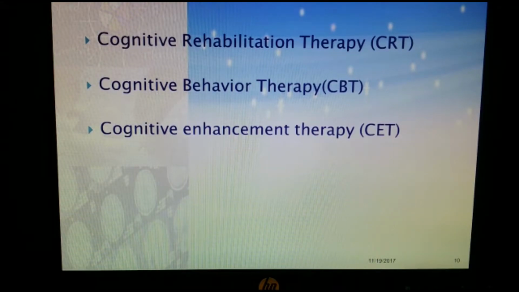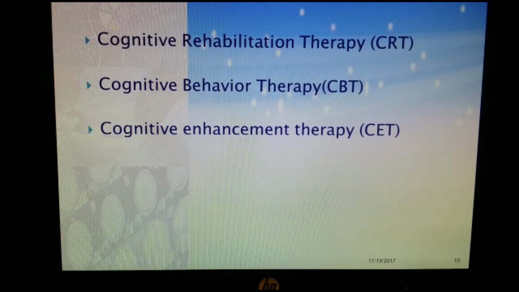We have cognitive rehabilitation therapy, which is CRT. We have another term, cognitive behavioral therapy, the CBT, and we have cognitive enhancement therapy, which is the CET. You see or read these terms whenever you read some literature, books, articles, or any publications related to cognition in general.